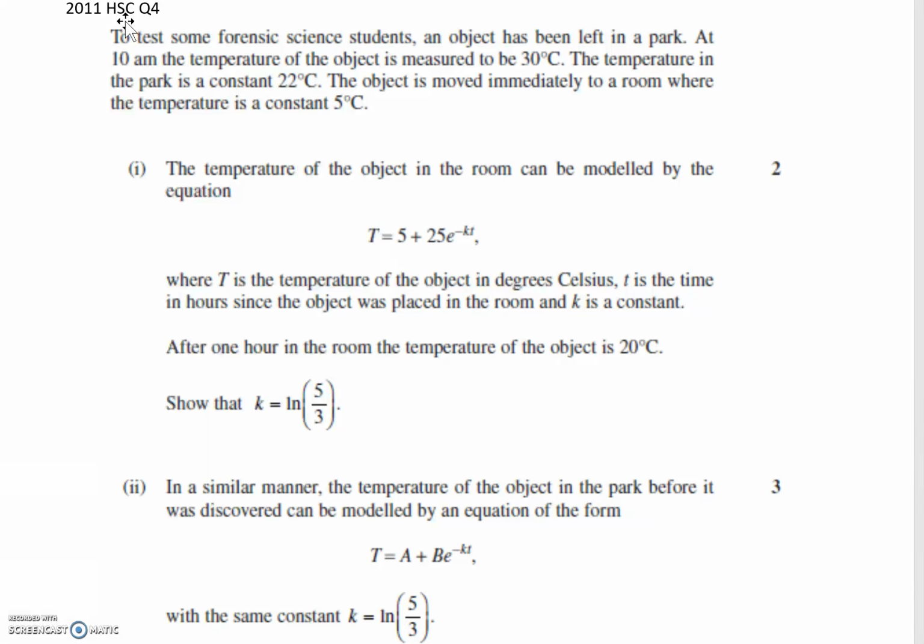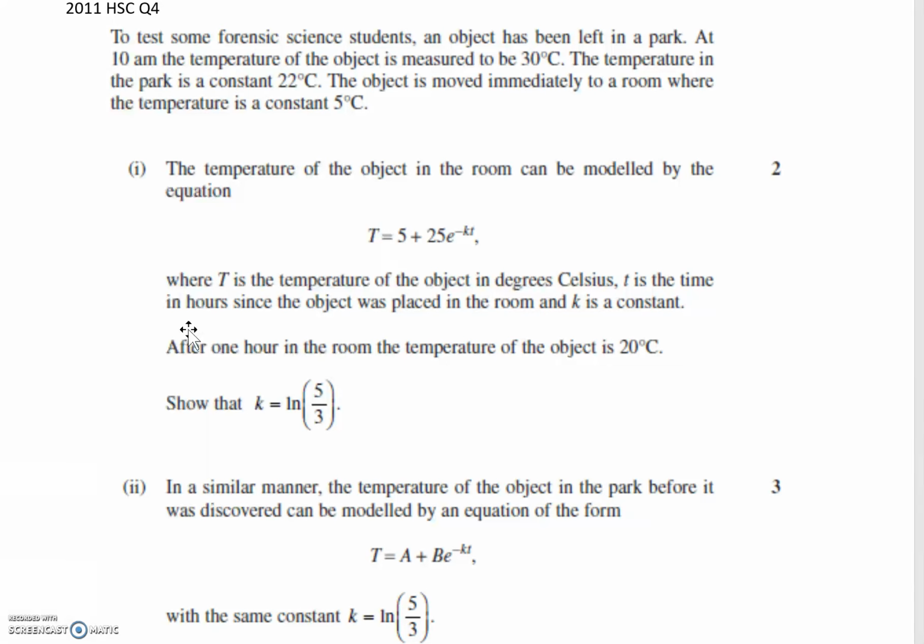And by the way, you can pause the video and reread that as many times as you need so that you can get a good understanding of what's going on. T is the temperature of the object, t is the time in hours since the object was placed in the room, and k is a constant.